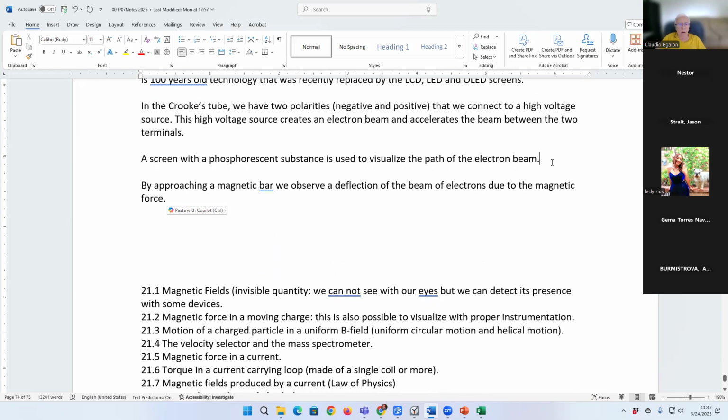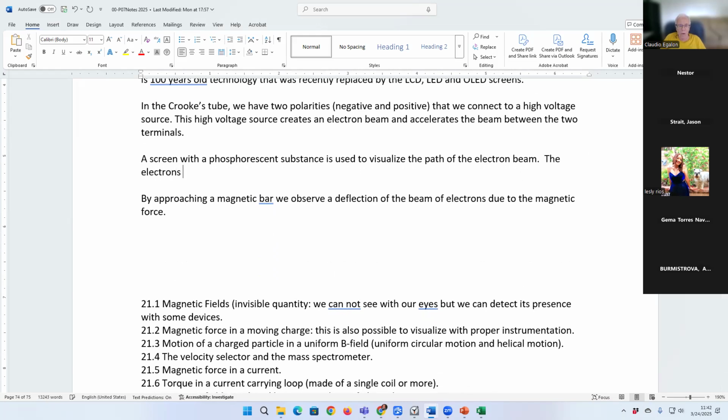Okay, and so let's write that down. The electrons graze the screen with the phosphorescent substance, and it gives out green light.